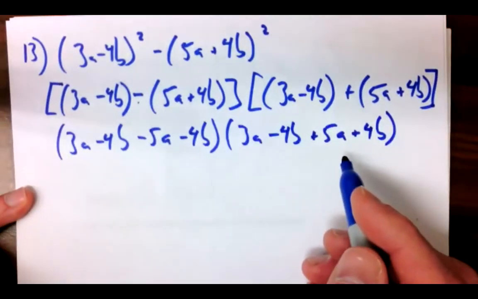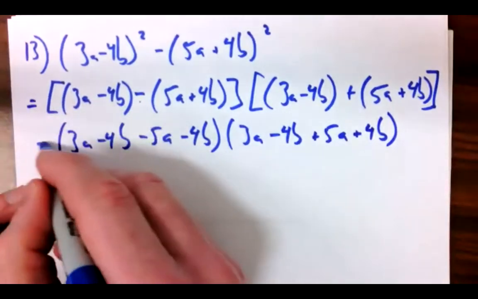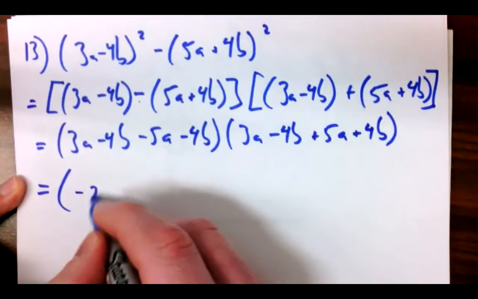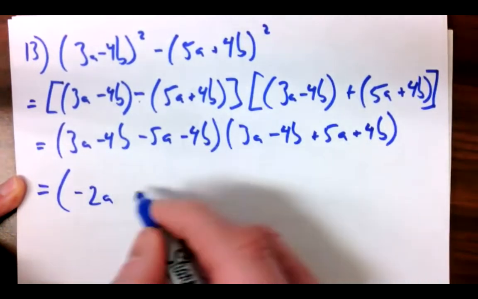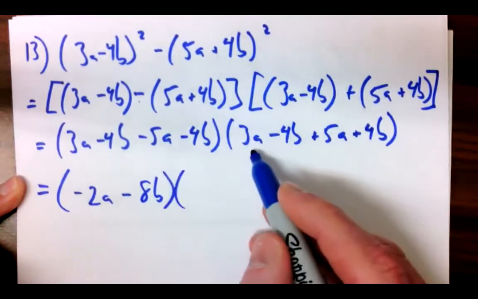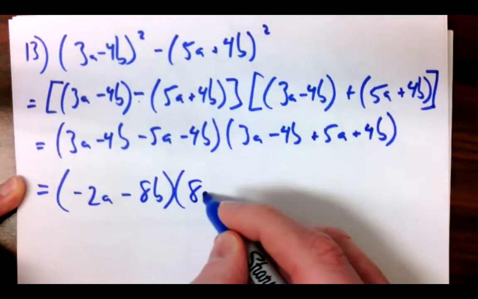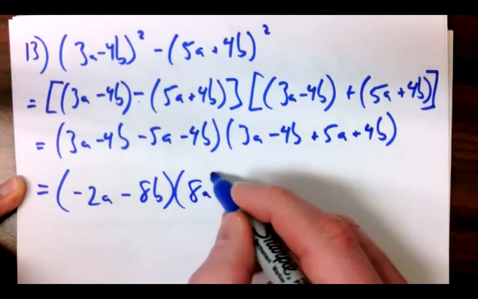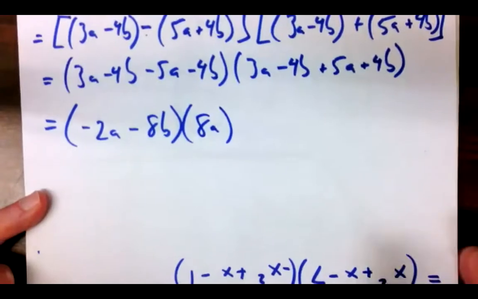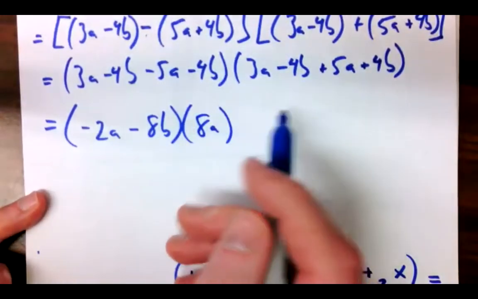Now I'm going to collect like terms. 3a and negative 5a is going to be negative 2a. Negative 4b and negative 4b is negative 8b. 3a and 5a is 8a. Negative 4b and positive 4b, just done. Now I think somebody was asking me, because this did not look like their answer in the back.